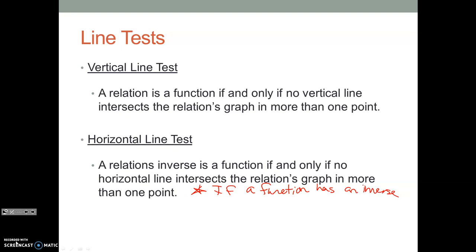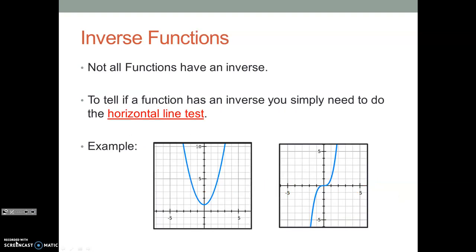Okay? The horizontal line test works the exact same way as the vertical line test, except instead of running a vertical line through the graph, you are going to run a horizontal line through the graph. So, for example, not all functions have an inverse. Okay? You can use the horizontal line test to tell if they have an inverse.